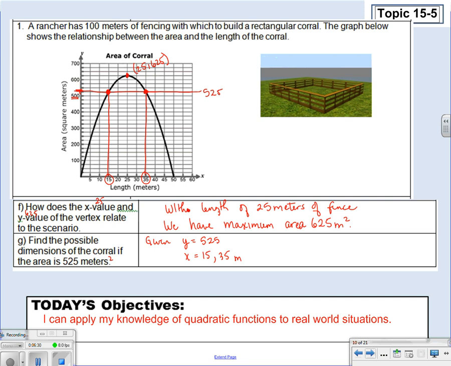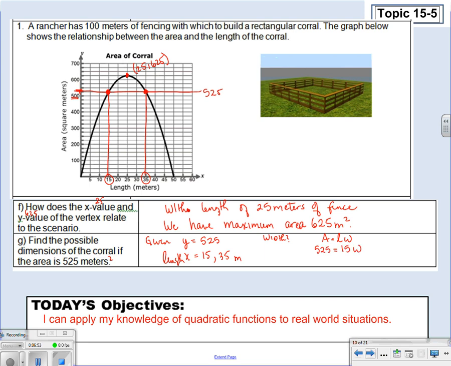Now the question was, what are the dimensions? So if I know that my length is 15 meters, I need to figure out what my width is. Well, we know the area of a rectangle is length times width. We were given the area is 525, and we know that one of the lengths is 15.